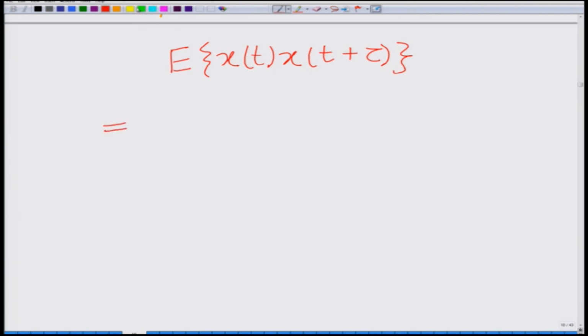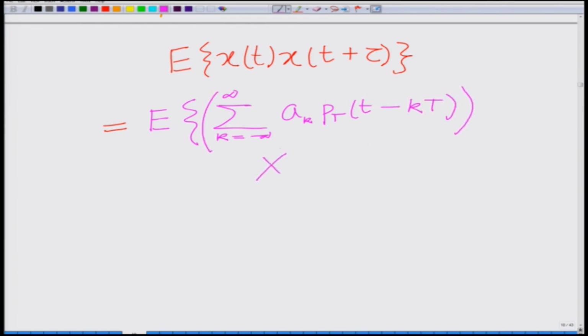Now, substituting the value of x(t), well, x(t) is nothing but summation k equal to minus infinity to infinity a_k p(t minus kT), times, well, x(t plus tau).